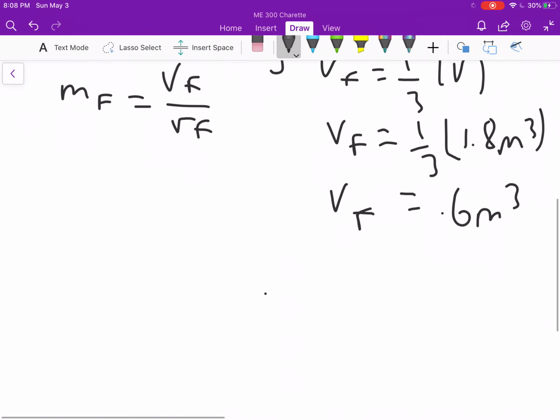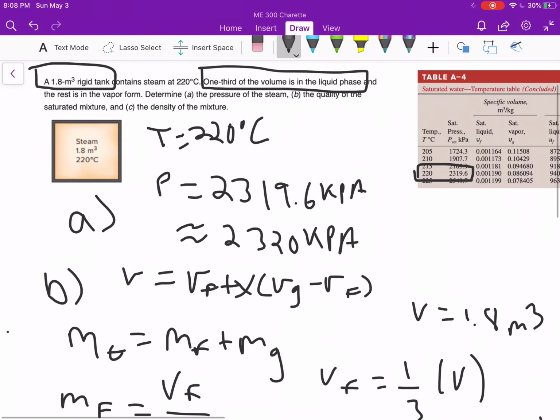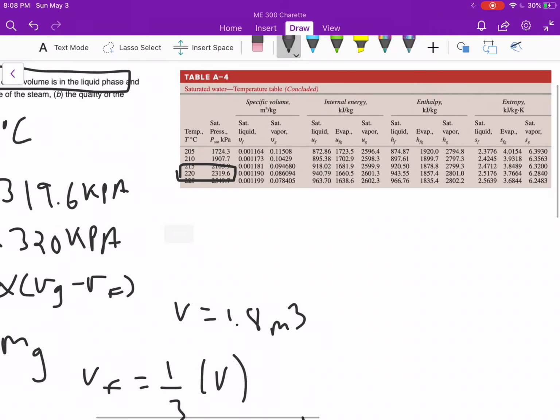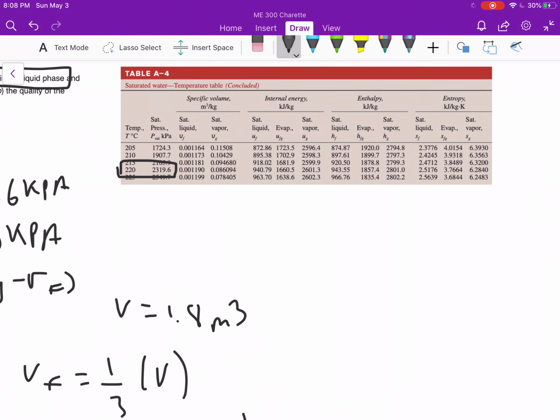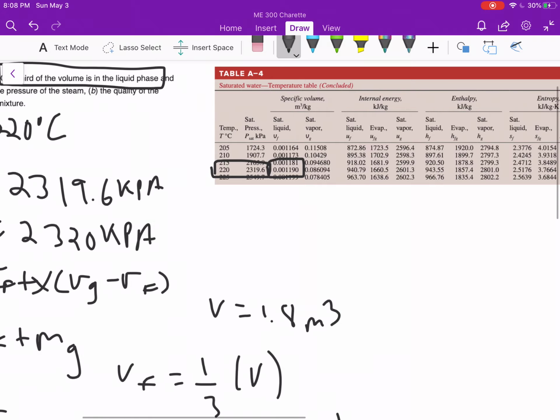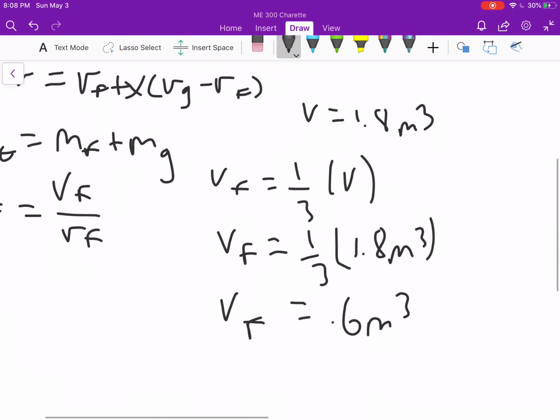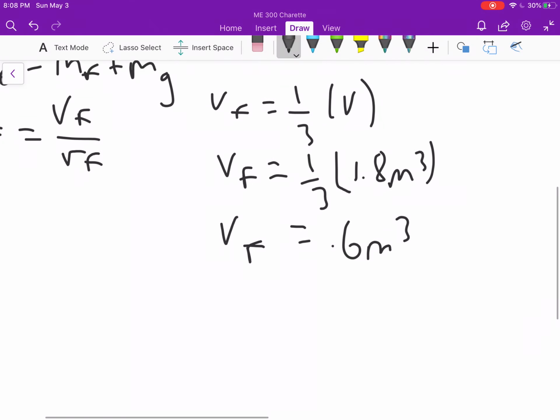Now that we have the volume, we need the specific volume. Because we have our saturated water temperature table, we can look at 220 degrees Celsius, the specific volume for a saturated liquid is going to be 0.001190 meter cubed over kilograms.